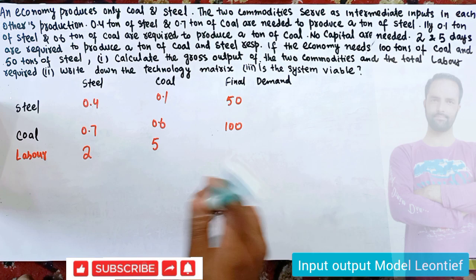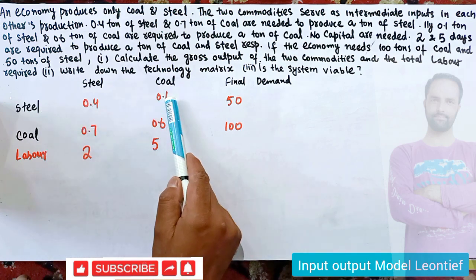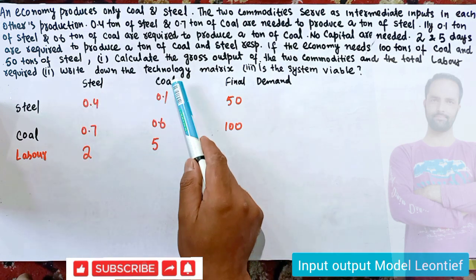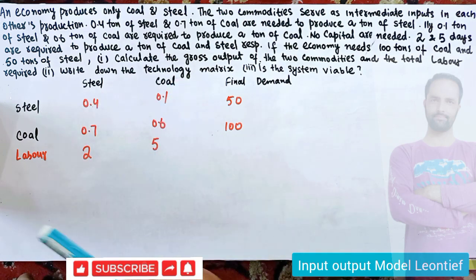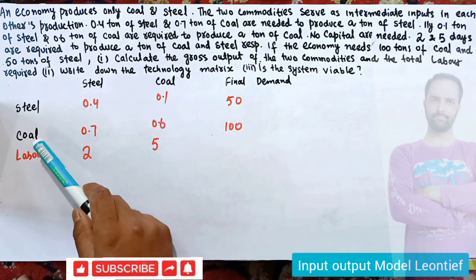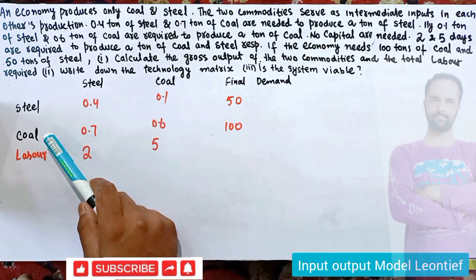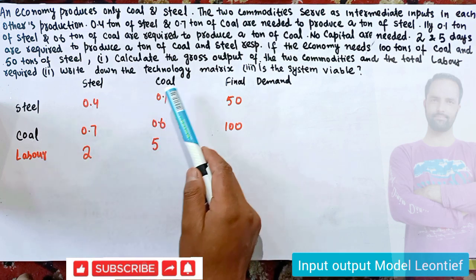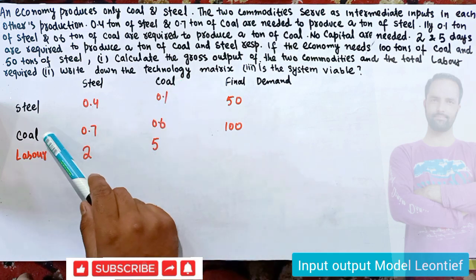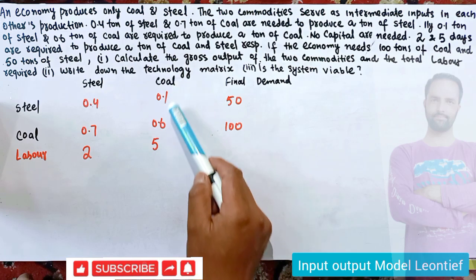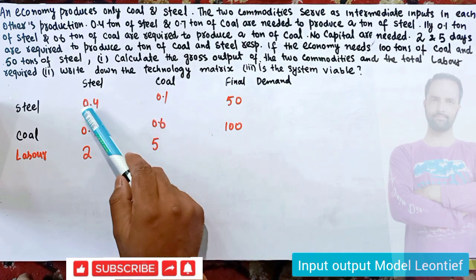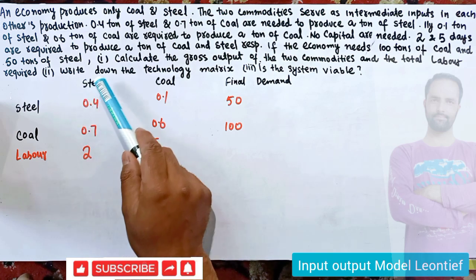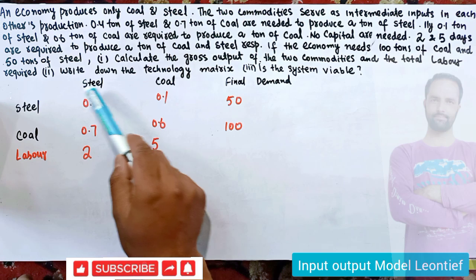Okay, similarly this tells us 0.1 ton of steel is required by the coal industry to produce 1 ton of coal. And similarly we are being told that 0.6 ton of coal is supplied by the coal industry to be consumed internally. Okay, so this 0.4 shows us the input output required by the steel industry to consume it internally.